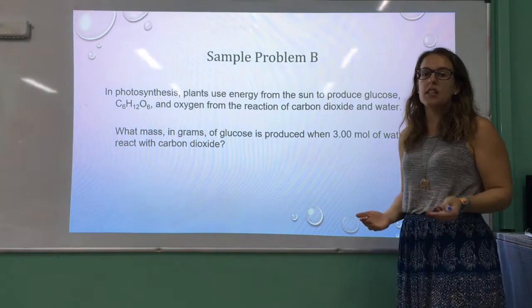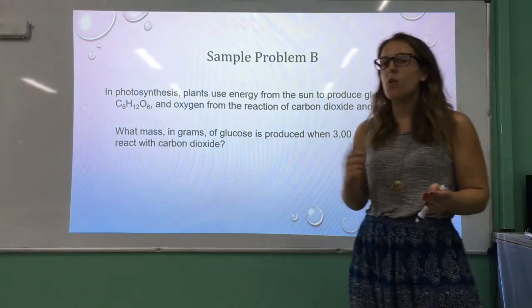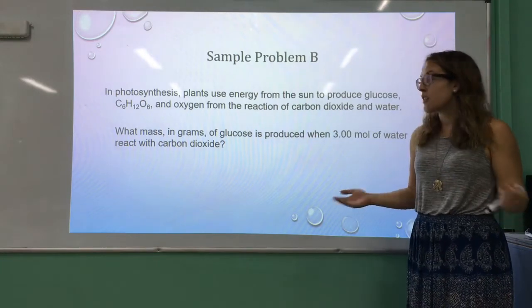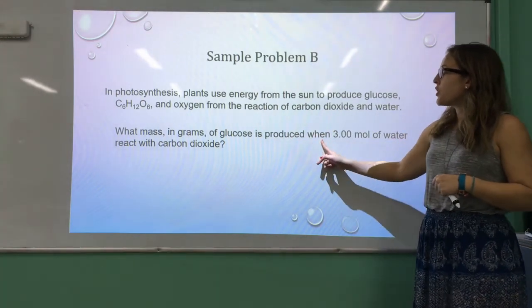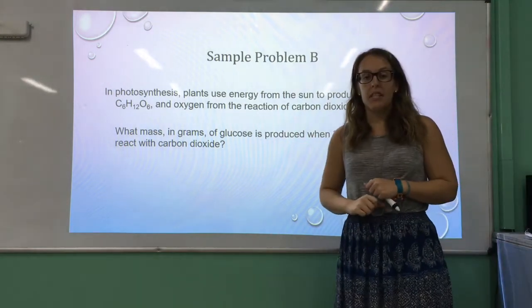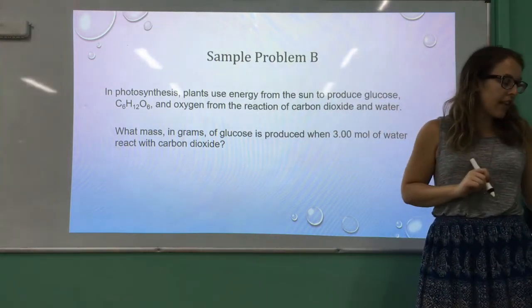So we'll need to know this reaction. Luckily, I give it to you on the next slide. What mass in grams of glucose are produced when 3 moles of water react with carbon dioxide? So let's look at that.